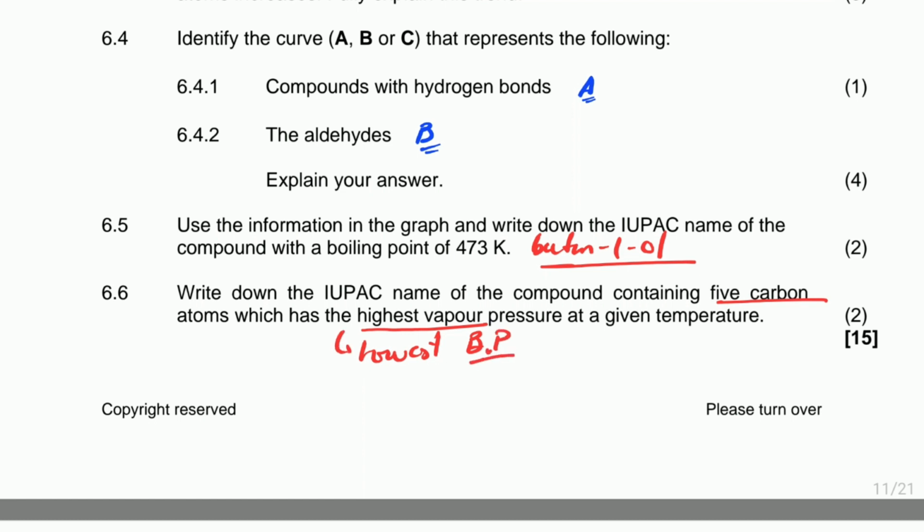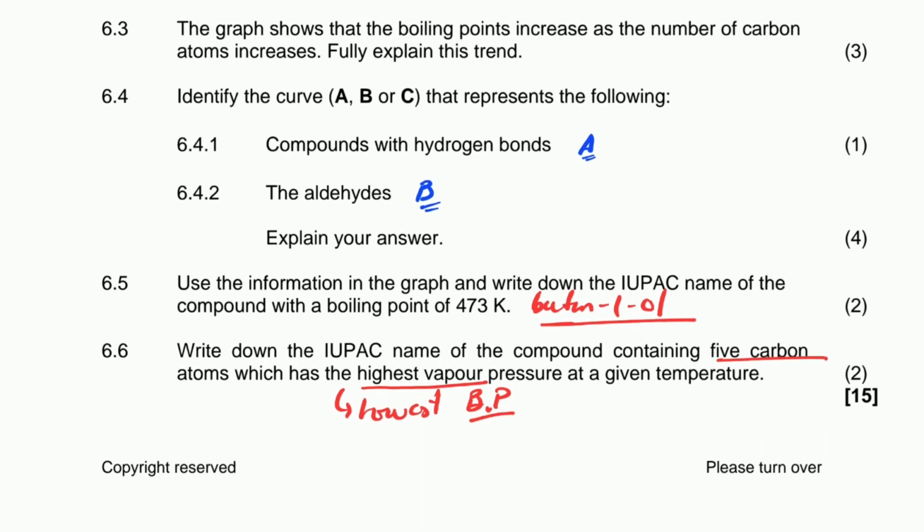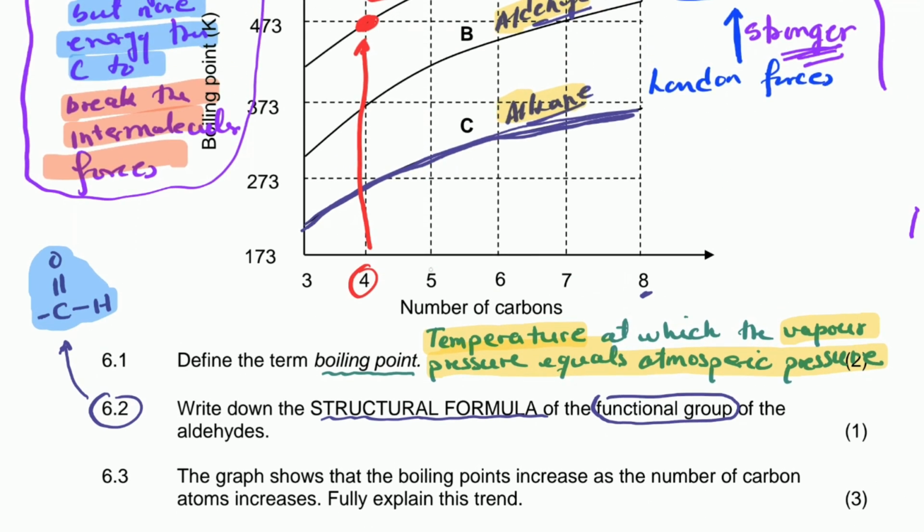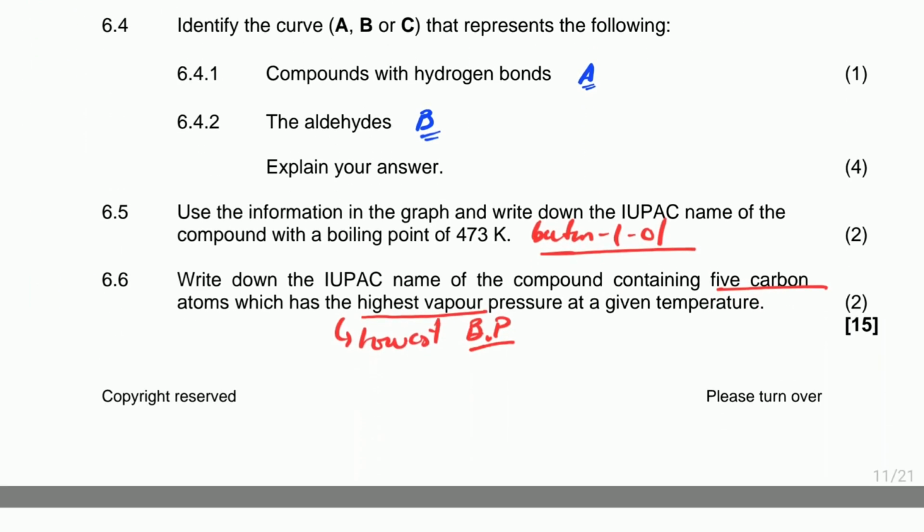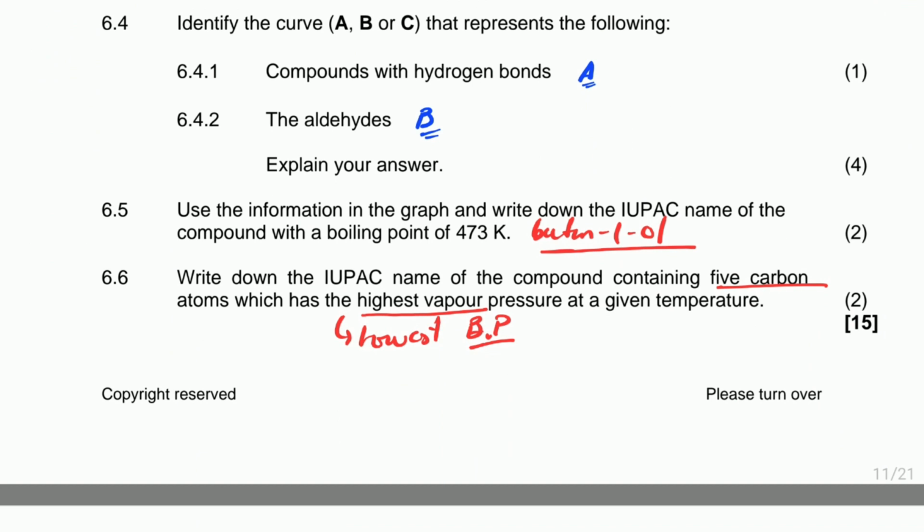Highest vapor pressure, lowest boiling point. So in this case, we go to 5 carbons, but it will be the C. So it will be the alkane that has 5 carbons, which is pentane. It will be pentane. And that one will be the end of this question.